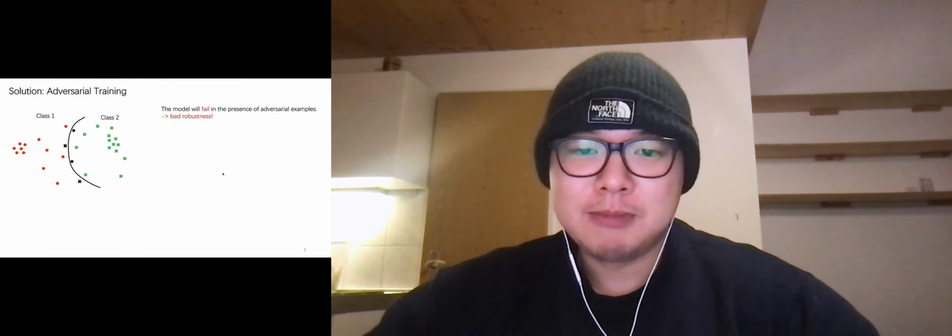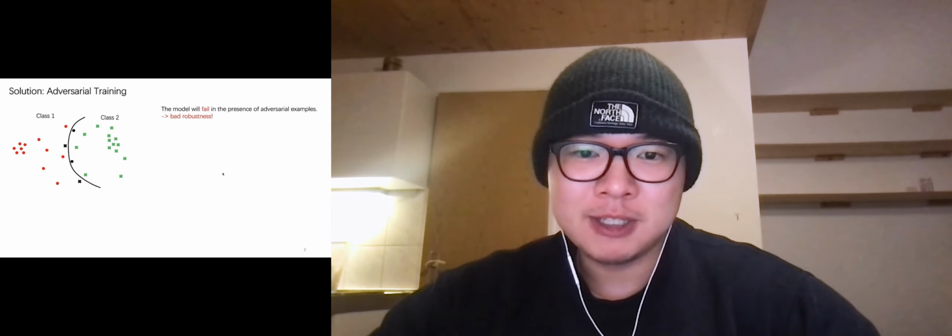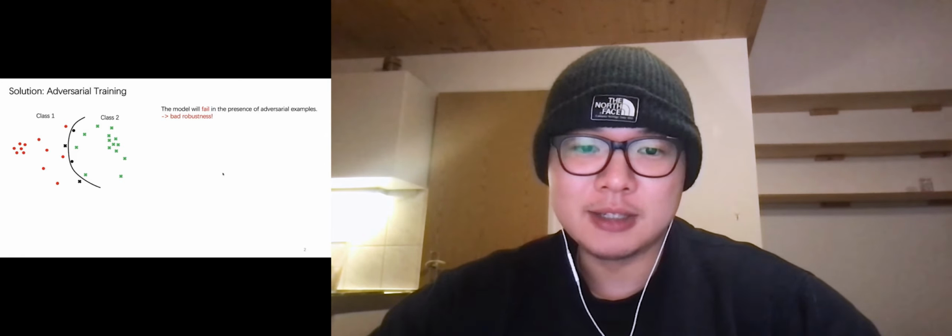To solve this problem, we can simply come up with an idea by regarding these adversarial examples as unseen training samples, and just include them in our training process. This is an empirical defense mechanism called adversarial training.